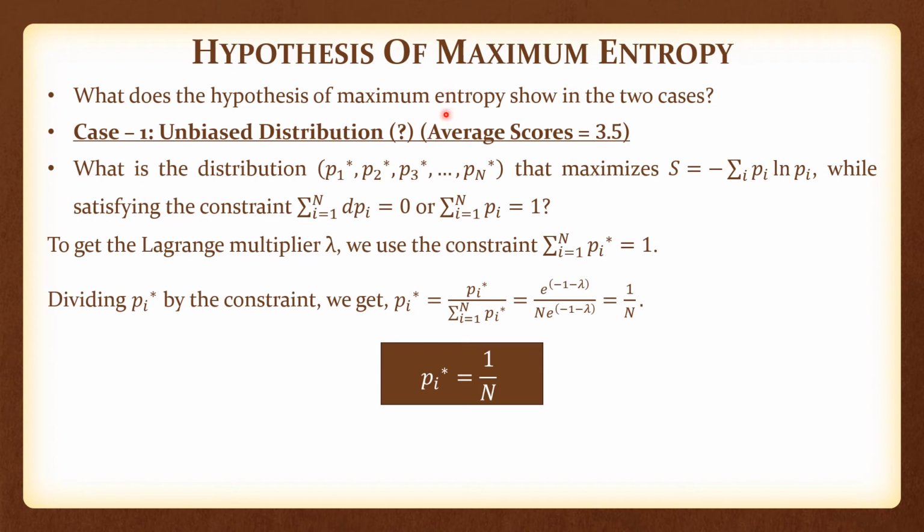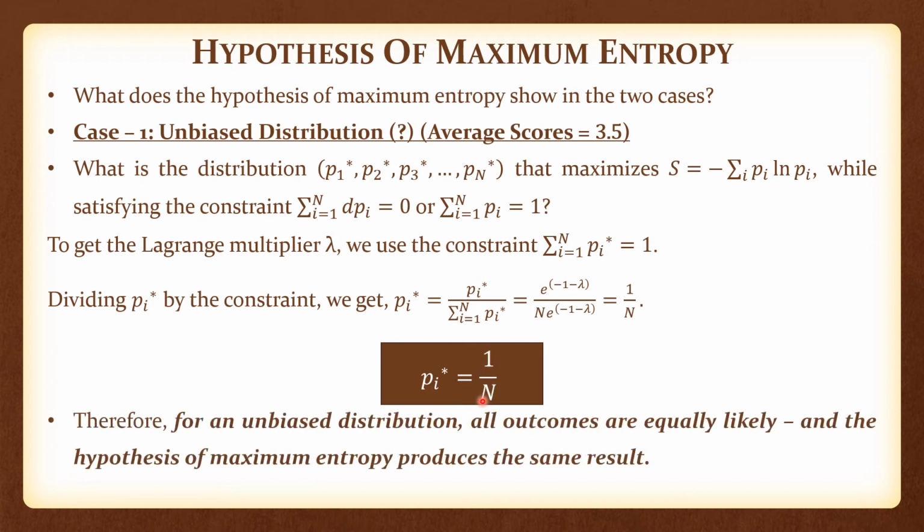If I have an unbiased distribution to start with, all the microstates are equally likely. This is one verification. For an unbiased distribution, all outcomes are equally likely, and the hypothesis of maximum entropy produces that same result.